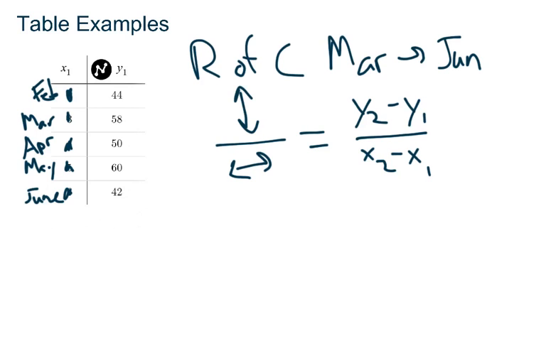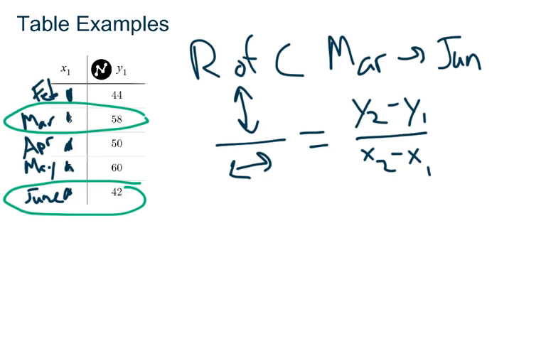And so let's see here. If I'm talking about March, talking about this number, or this point, and that point. And so for the y's, what I'll do is, and we even see it, x's and y's, I'll go with 58 minus 42.